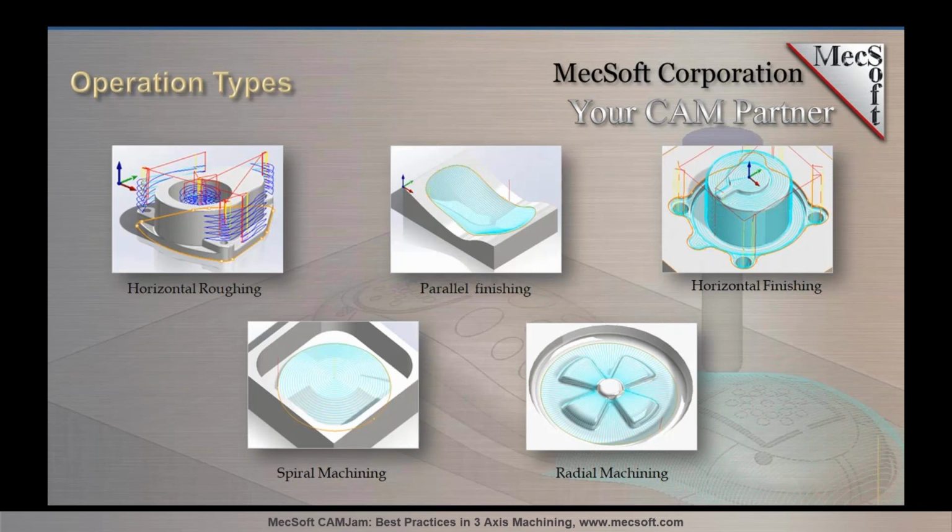As Uday mentioned earlier, and we will talk a little more towards the end, you can also use containment strategies to make sure that the horizontal roughing operation is optimized based on the amount of material that you need to remove.